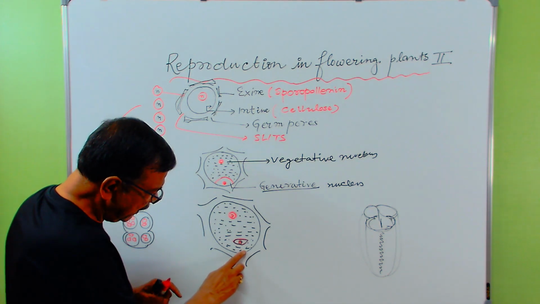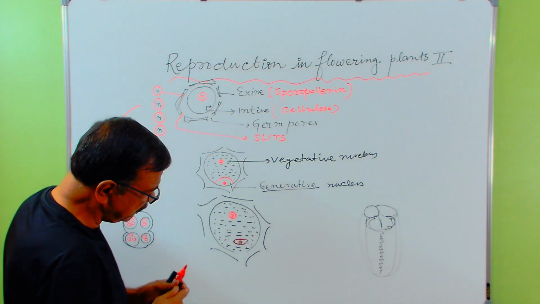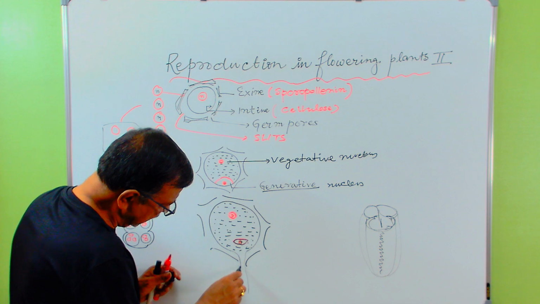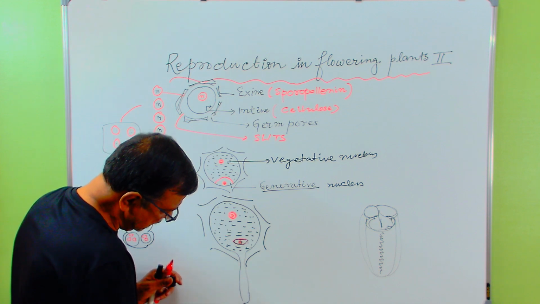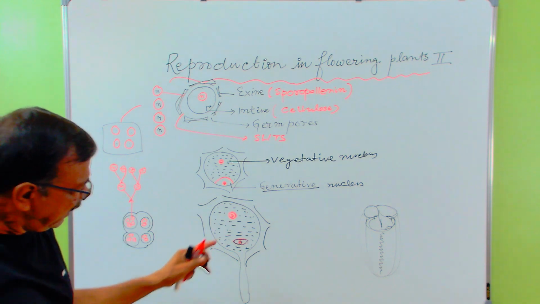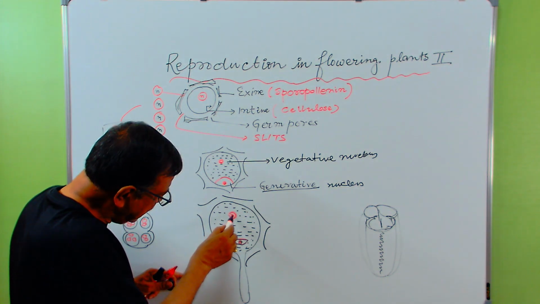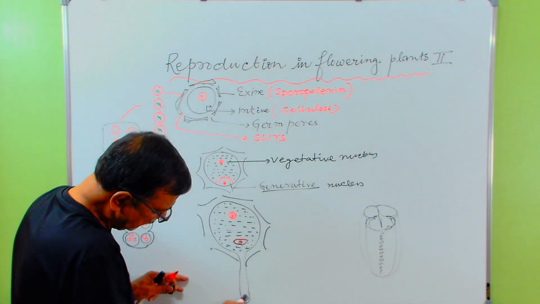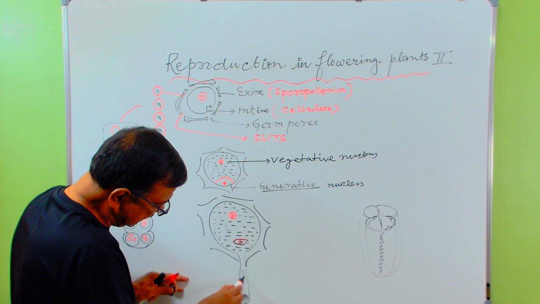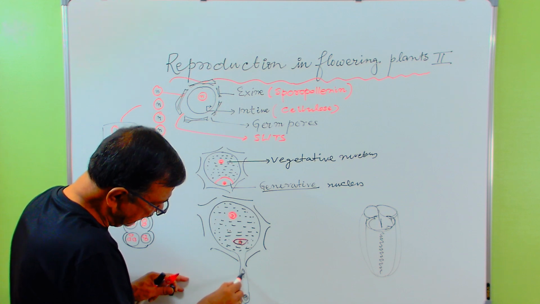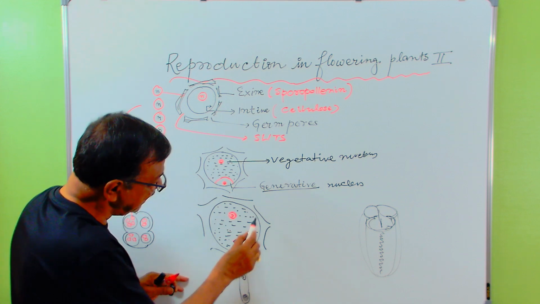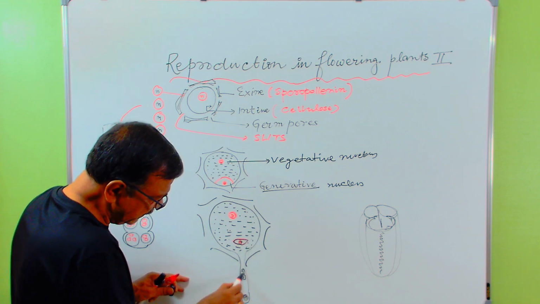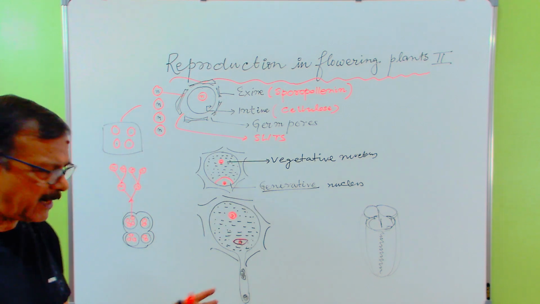Whenever it will grow, let me say a little bit, the intine will protrude outwards, and in that case the vegetative nucleus will be here, followed by the generative nucleus or generative cell. The generative cell will further undergo division, that I am coming to.